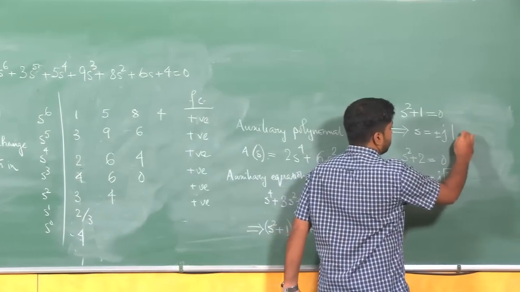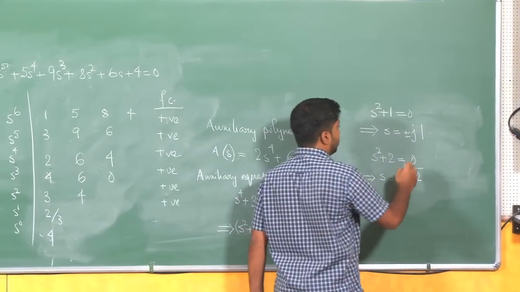So, there are 4 roots on the imaginary axis.